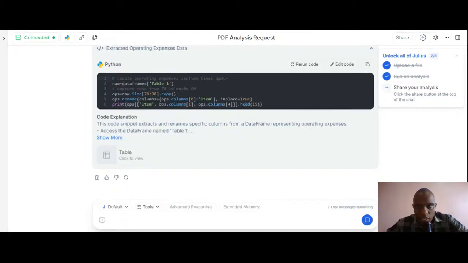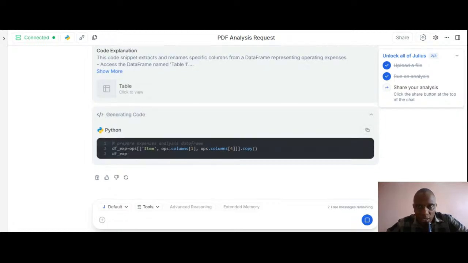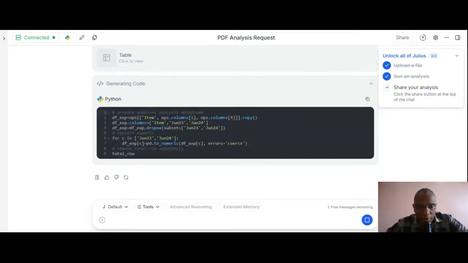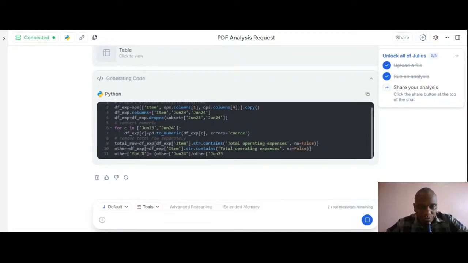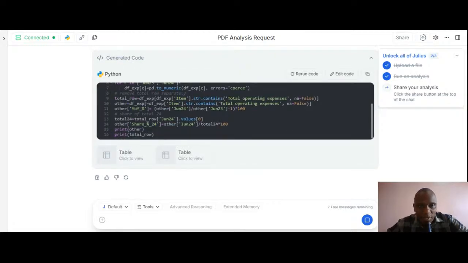So they're still doing their magic. You can see, we are waiting to see what the data analysis will say about the expenses, what they are going to tell us about the expenses.